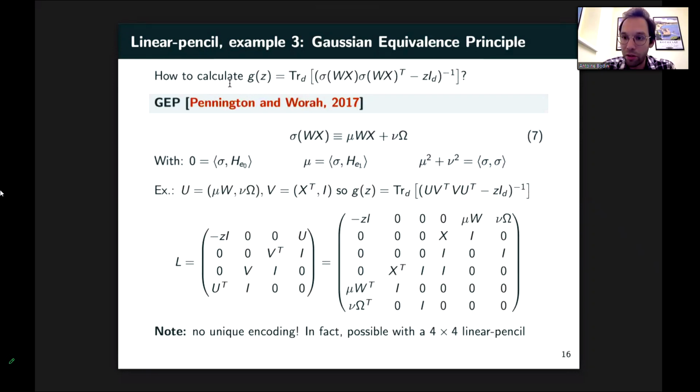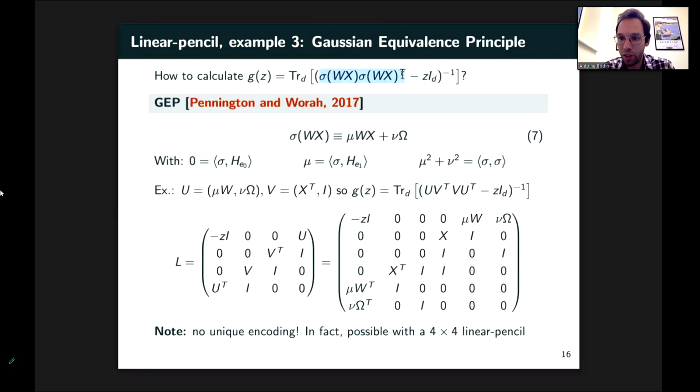Okay, and the last example that I'd like to show is the linear pencil method applied to the random feature model. That is to say, a model where you consider a first weight matrix W that is given randomly, and then you have a data matrix X that is also random. And again, the question is how to calculate the spectral distribution of this matrix.